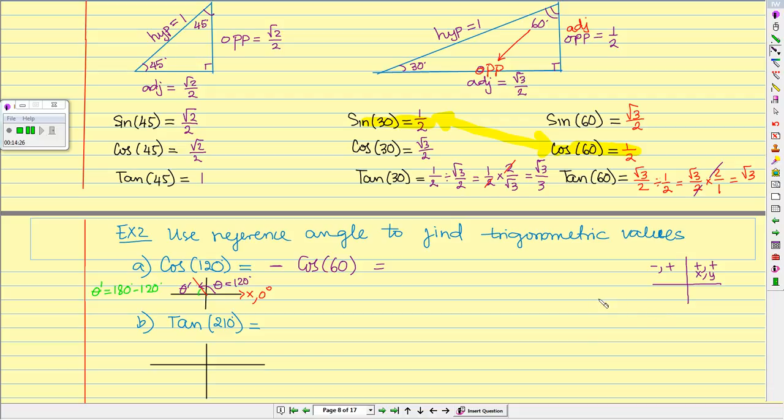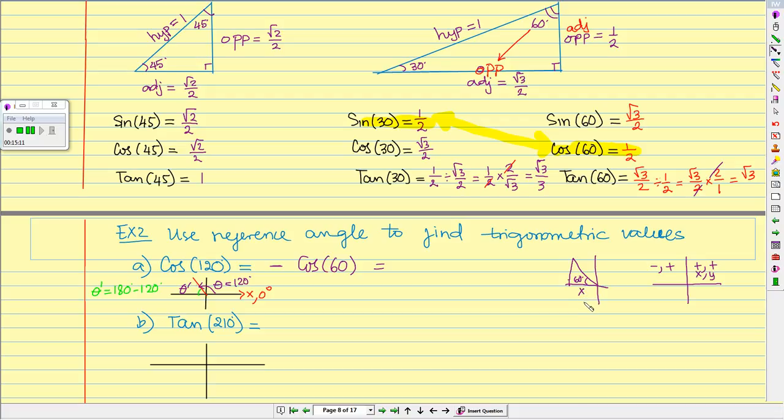So I'm just going to sketch a small triangle in quadrant number 2 for you. So this is the 60 degrees.